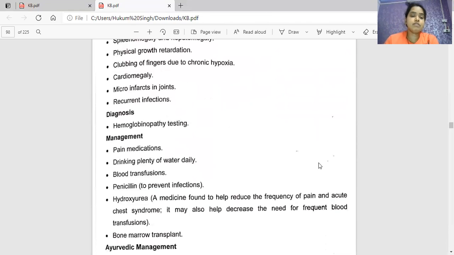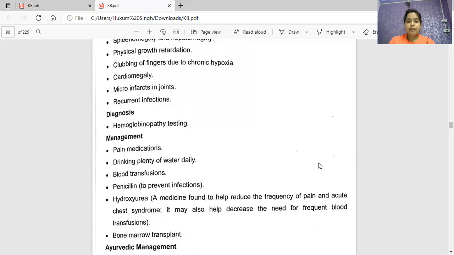The diagnosis is made by hemoglobinopathy testing. And management is pain medications, drinking plenty of water daily, blood transfusions if needed, and penicillin to prevent infections.